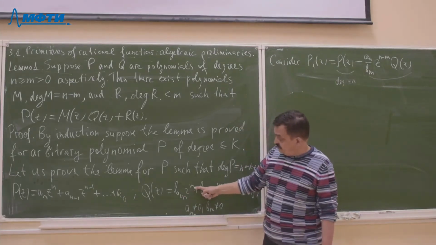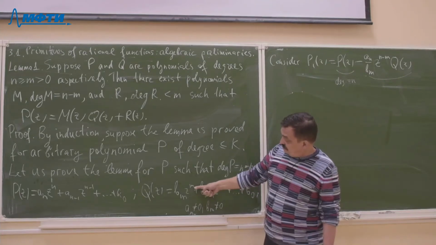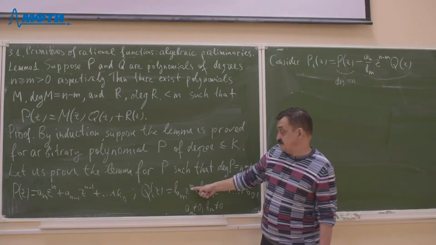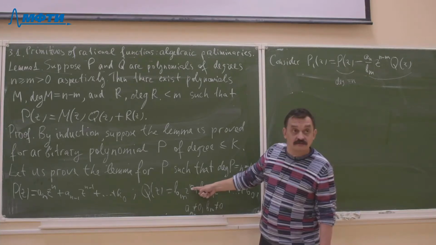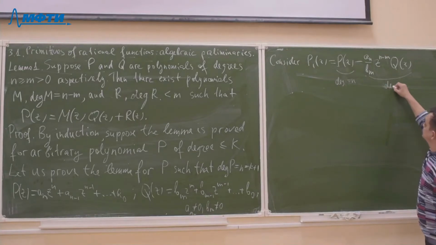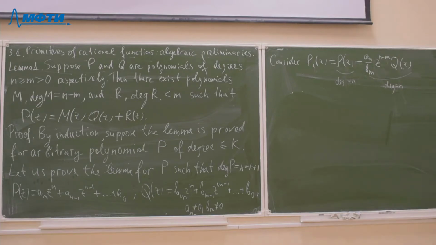It means the highest degree is now n, so this polynomial has degree equal to n as well. But what about the leading coefficient?